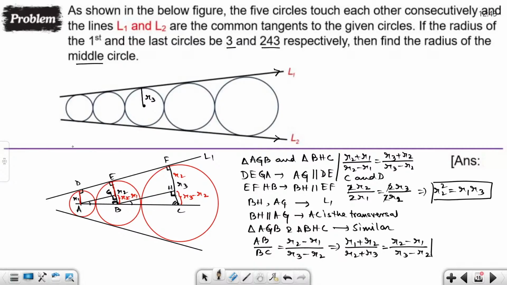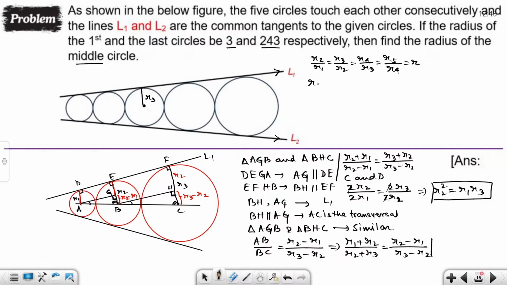So we will say that the radii of all those circles given in the figure are in GP. So what you will write? You will write that R2 over R1 is the same as R3 over R2, the same as R4 over R3, which is the same as R5 over R4, because they have a common ratio. Let us say the common ratio be R.